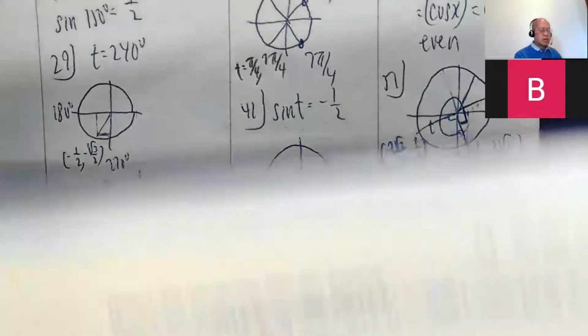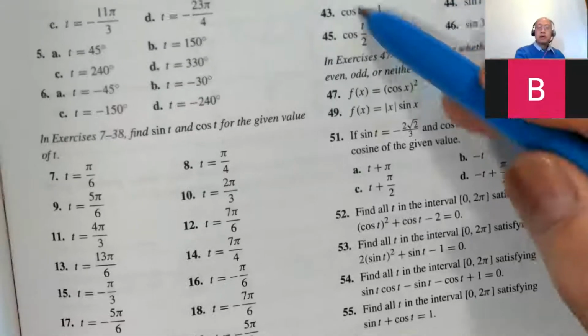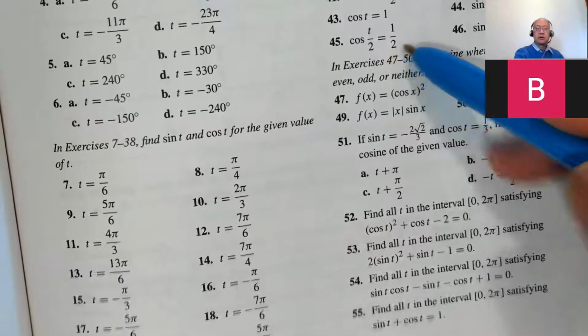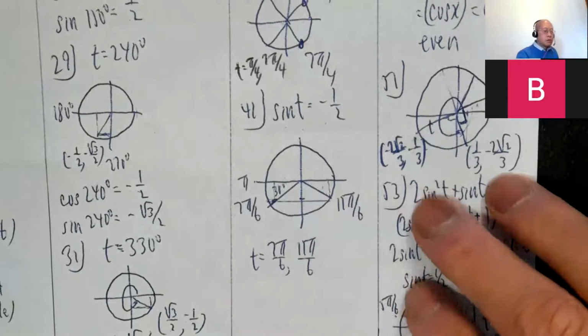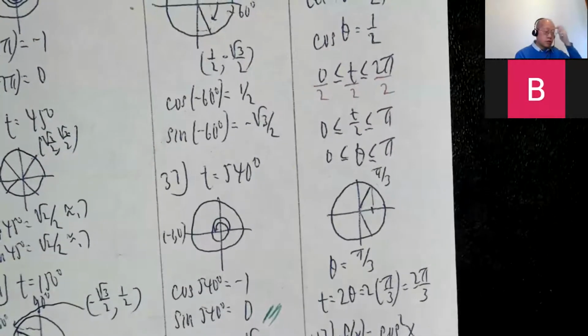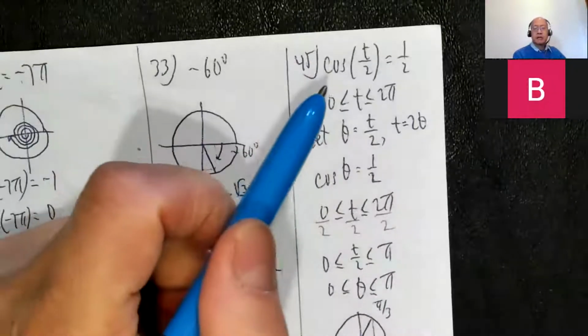45 is a little bit tricky because they have half an angle. Cosine of t over 2 equals 1/2. So here's the way I'm going to do it, and I want you to do likewise. I'm going to make a substitution.